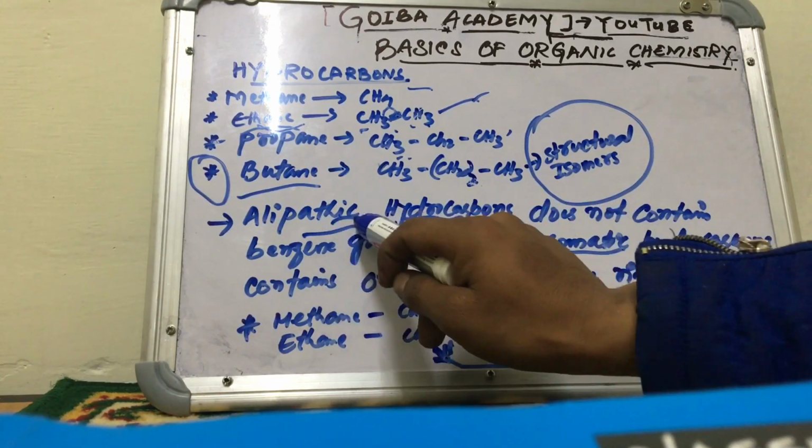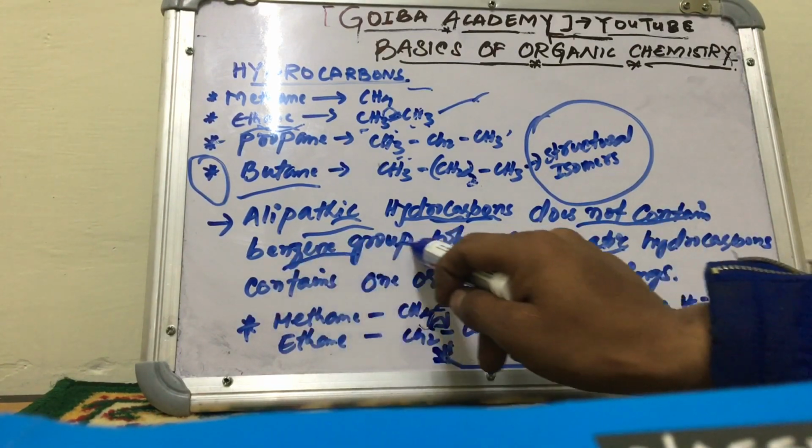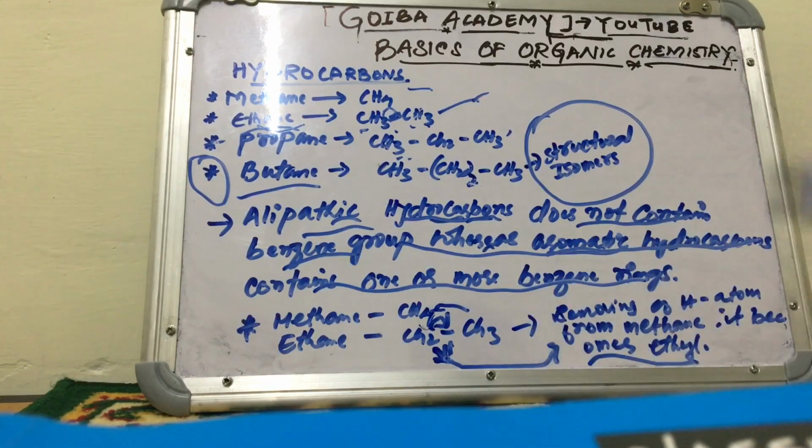Aliphatic hydrocarbons do not contain a benzene group, whereas aromatic hydrocarbons contain one or more benzene rings. If someone asks what aliphatic is, it is a hydrocarbon that does not contain a benzene group.